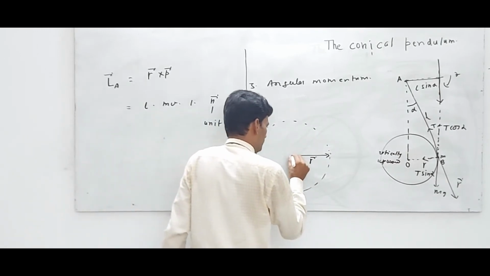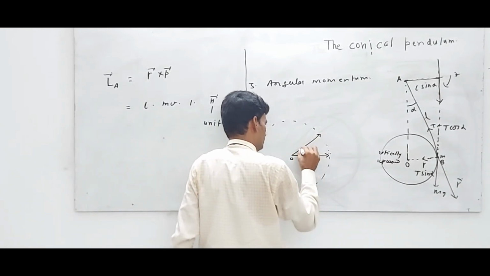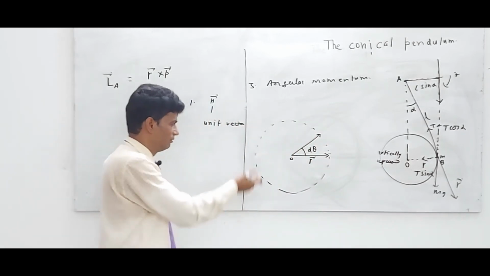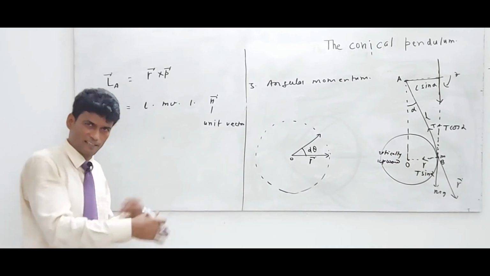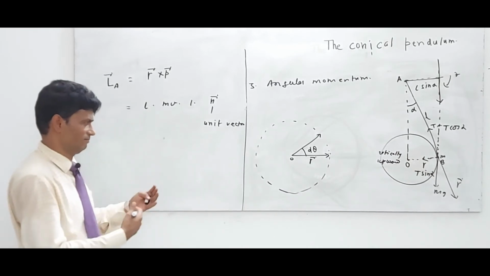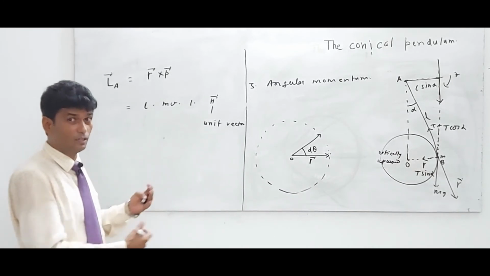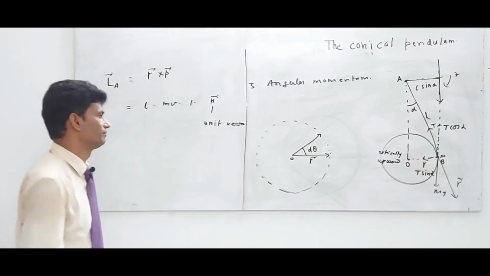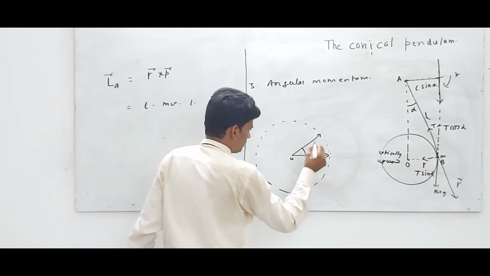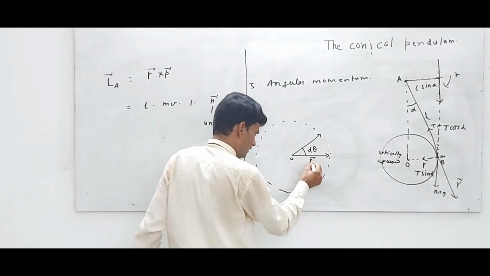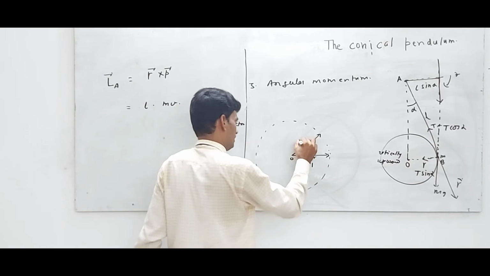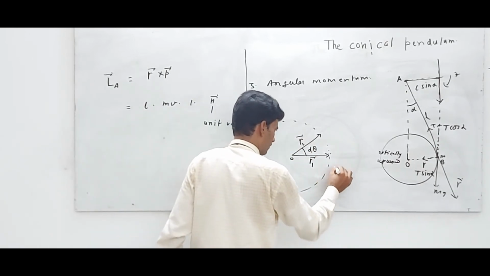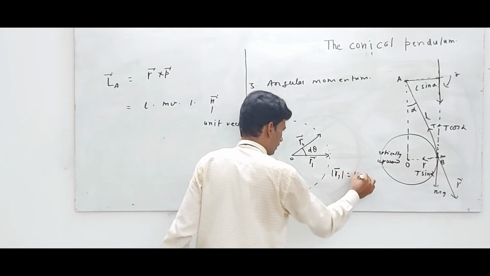So this vector is rotated and comes here. This angle is, say, d theta. Look at d theta, how it looks like 30 degrees. That is the way we are going to understand the change of this vector. This is the r vector, taken as r1 vector, and this is taken as r2 vector. However, mod r1 vector is equal to mod of r2 vector.